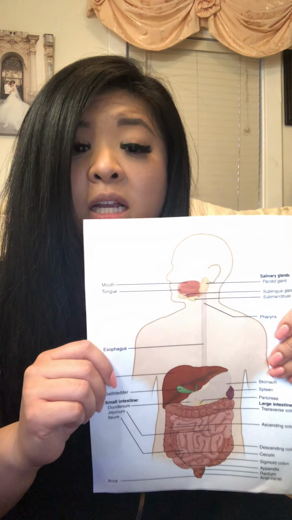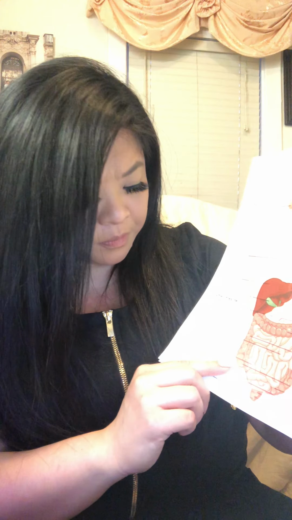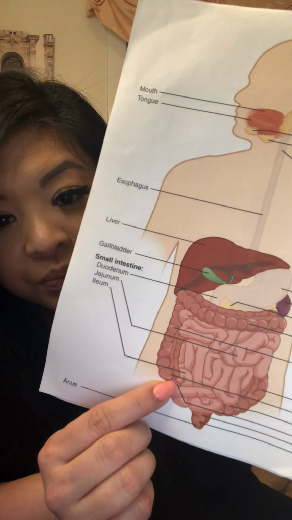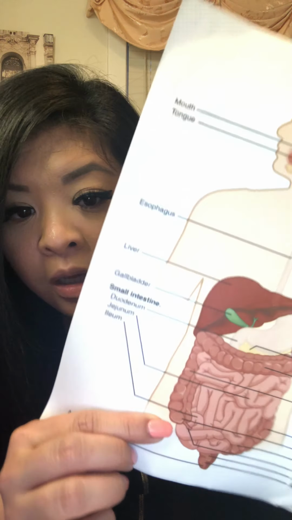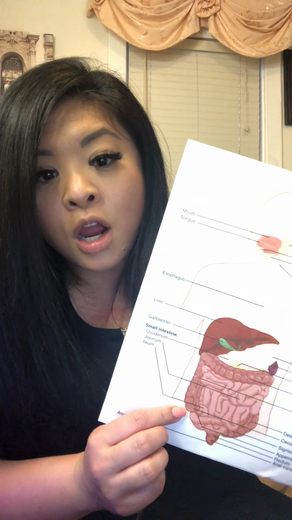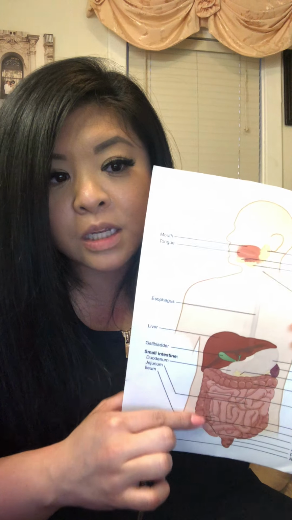So the large intestine is made up of 3 parts. First is the cecum, and then you can see the appendix over here. The appendix is a small, hollow, finger-like pouch. And the colon, or the large intestine, extends from the cecum to the right side of the abdomen.